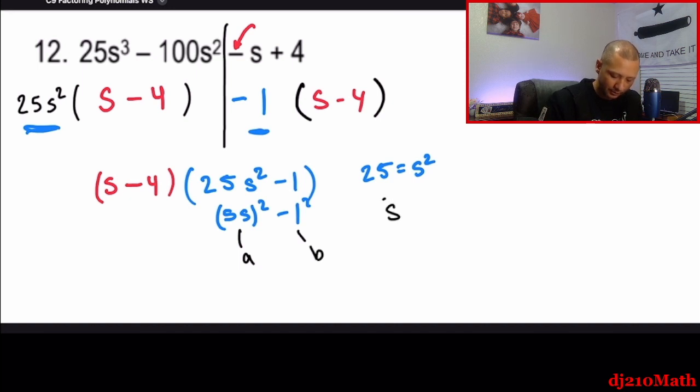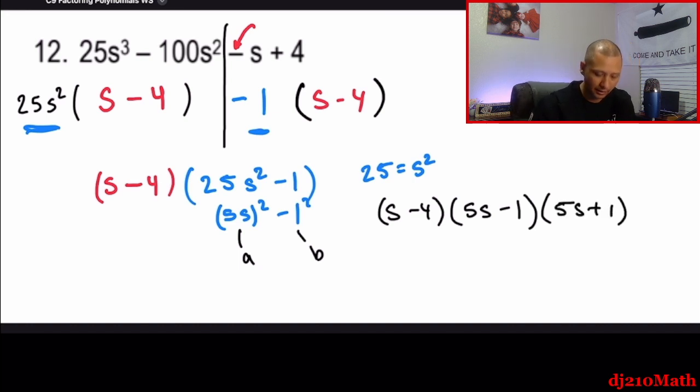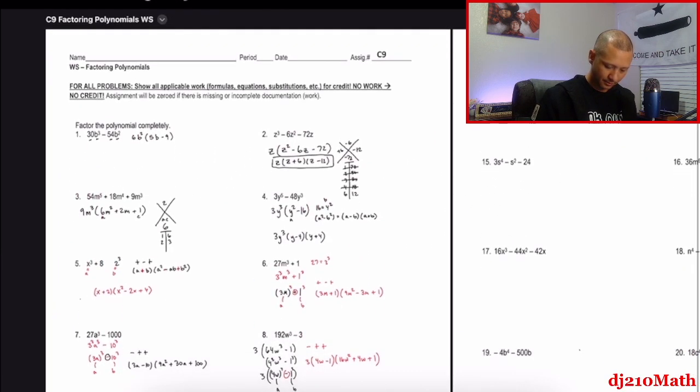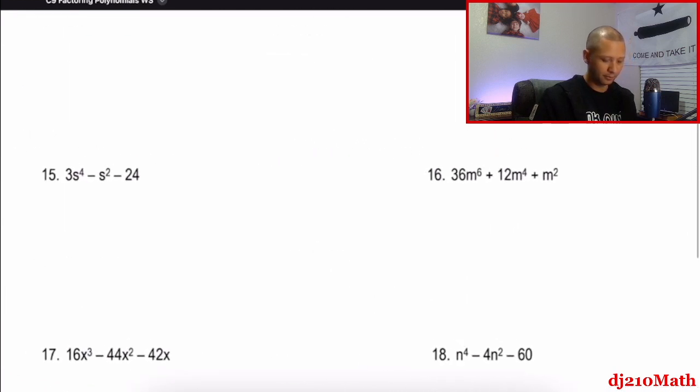We have s minus 4, 5s minus 1, 5s plus 1. All right, so s's and 5s kind of clash there, but there are s's. I guess that's a way of doing it. So they don't look like 5s. Okay. We're moving right along.